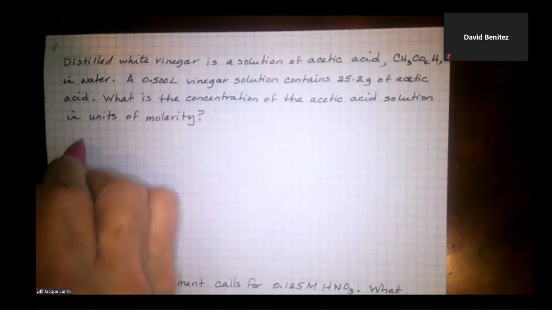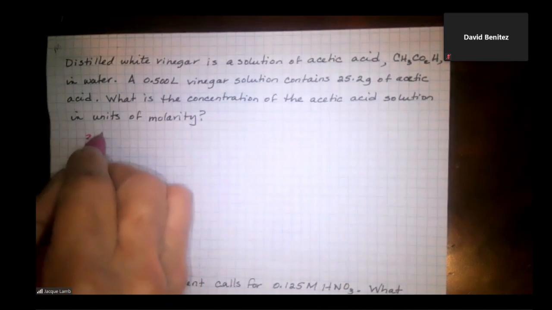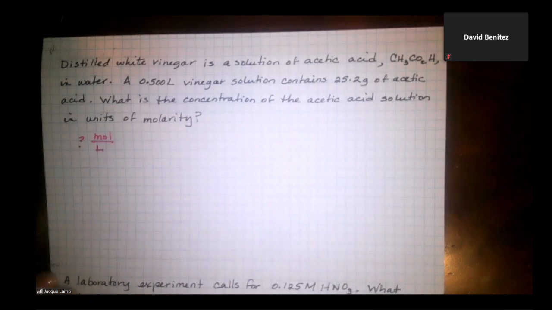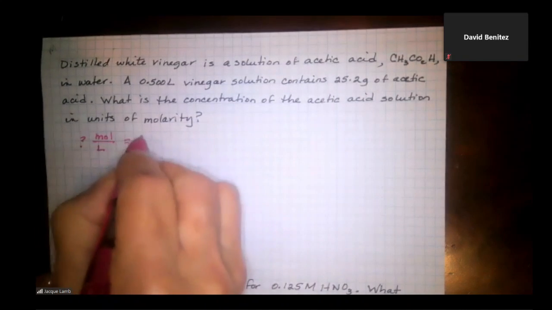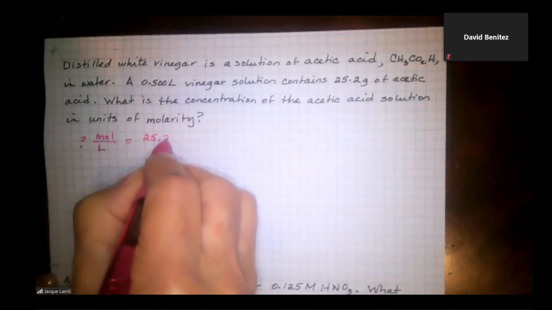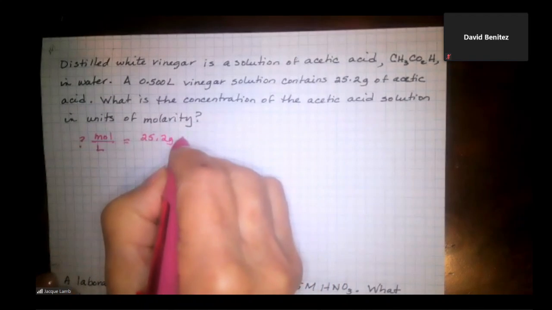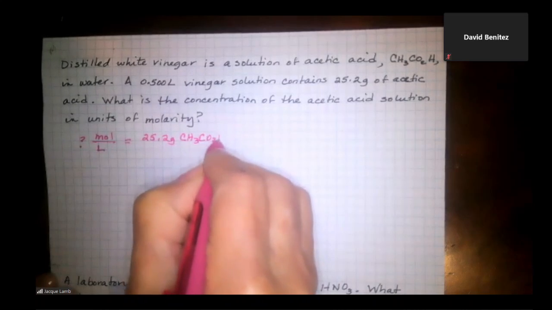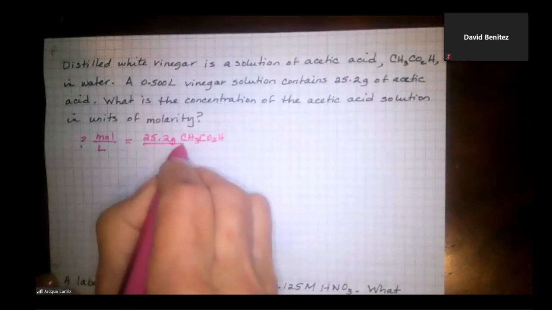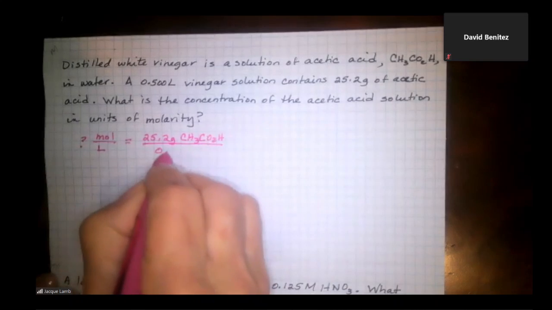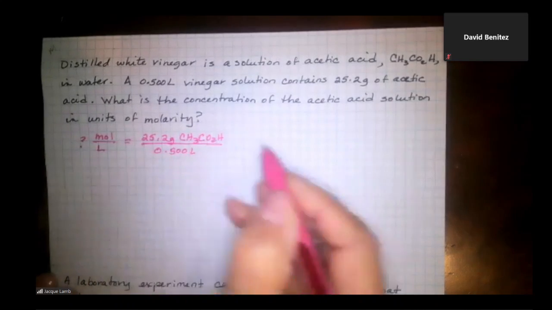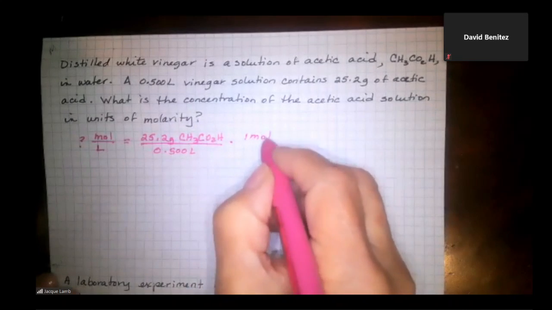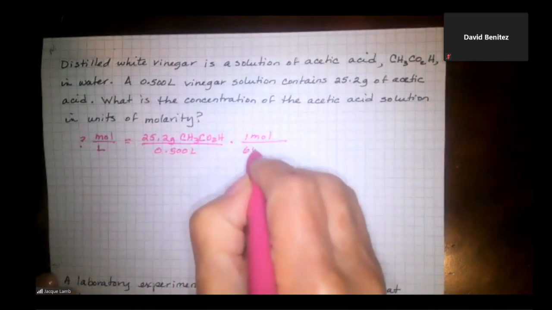So let's write the question. How many moles per liter, that's molarity, equals 25.2 grams of our acetic acid in 0.5 liters. 1 mole of acetic acid is 60.05 grams.